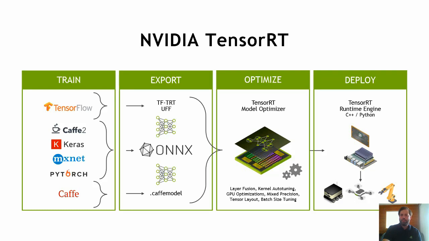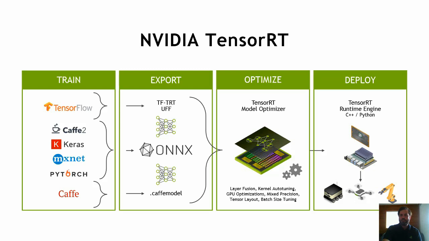It'll tune itself for the platform and can fully utilize the FP16 precision available on the Nano's GPU. Typically, you'll see multiple times speed up with TensorRT, and folks will often start running with the native frameworks on Jetson, still using GPU, and then optimize using TensorRT to get the best real-time performance.